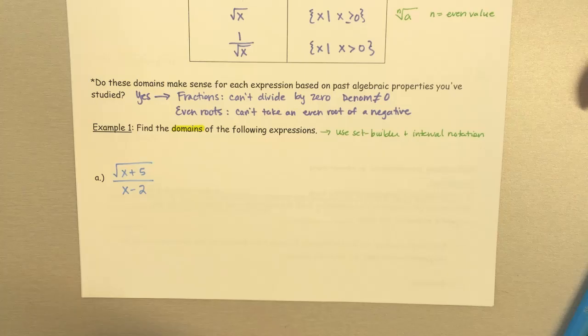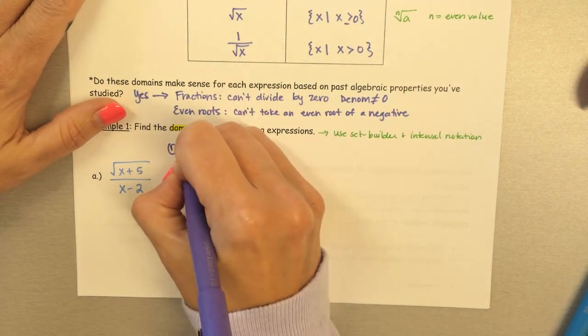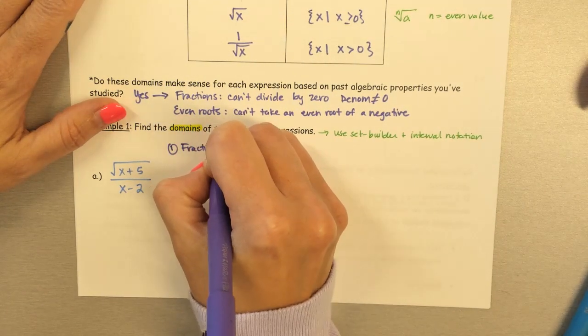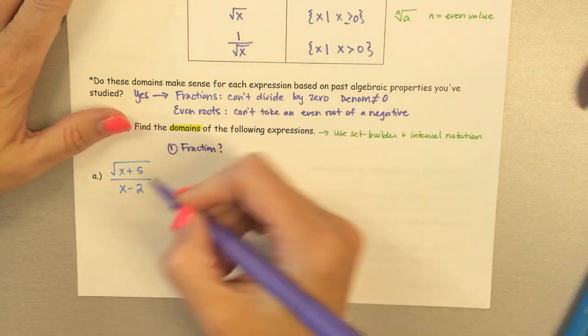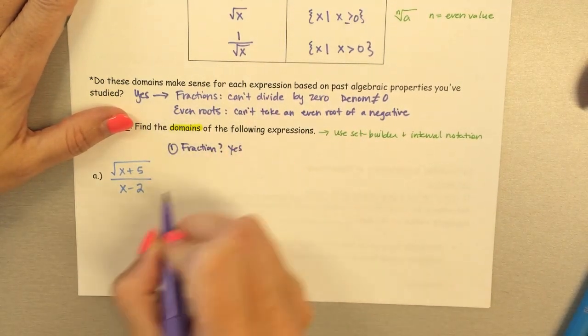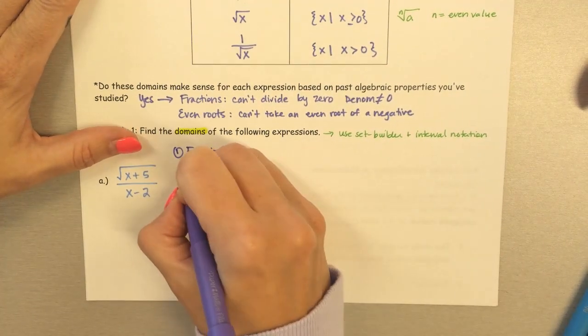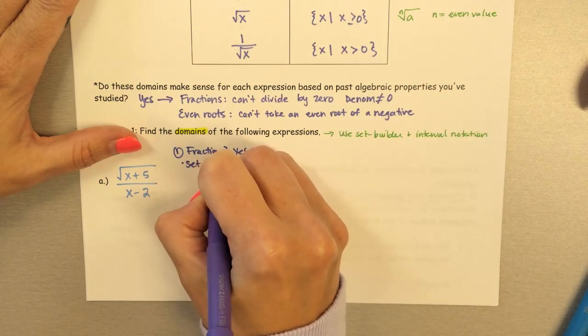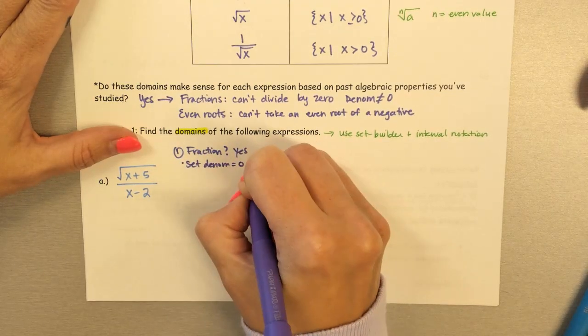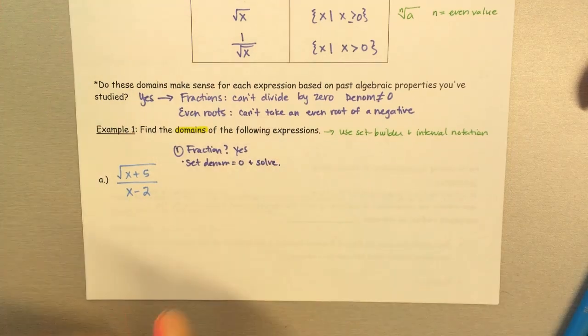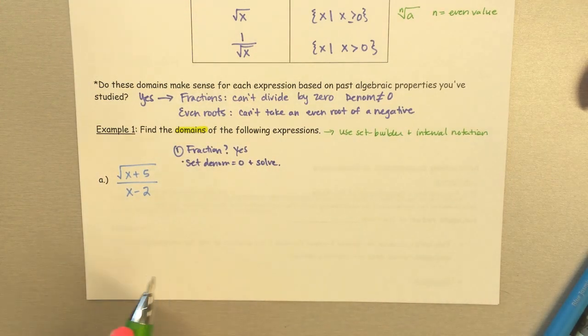So then we are going to set the denominator equal to 0, and we're going to solve, because we know the denominator cannot equal 0.